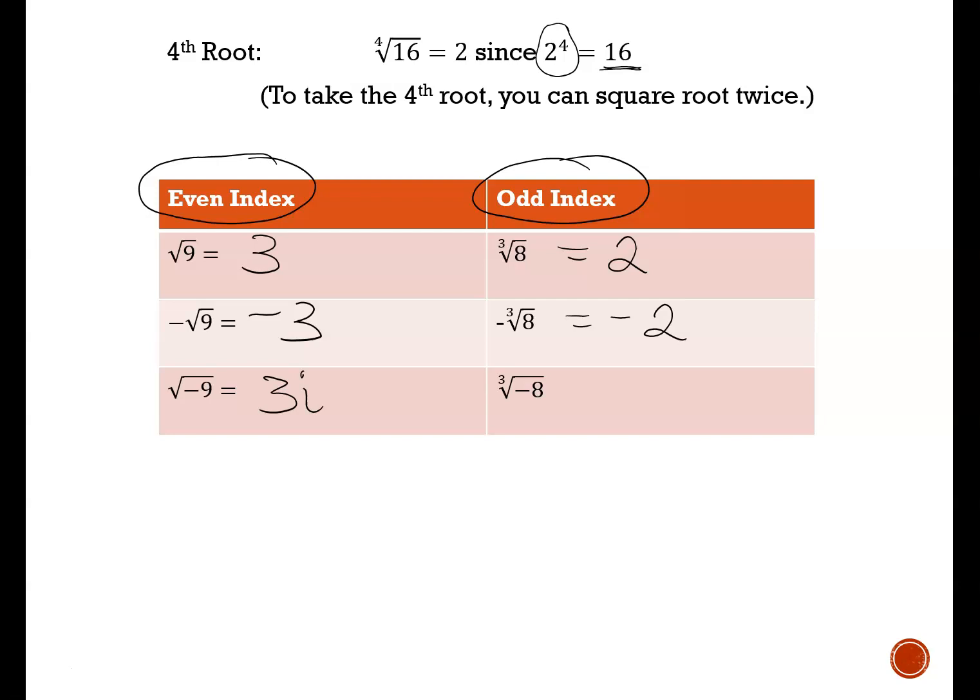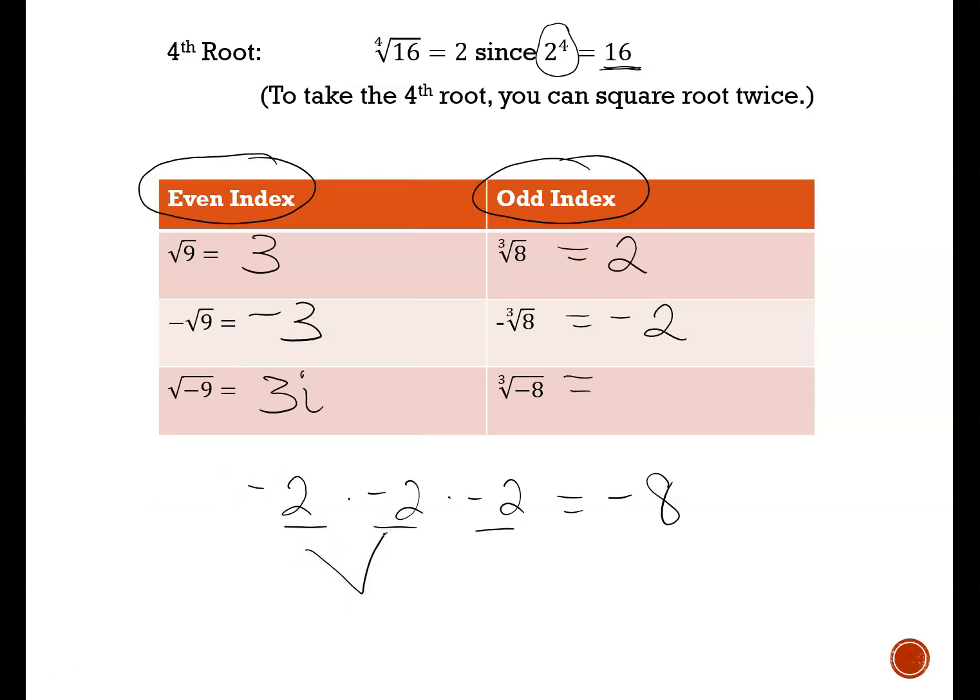So when we're thinking about the cube root of negative 8, we're trying to think about, well, what number to the third power would equal negative 8? So a number times a number times a number equals negative 8. What about negative 2? There are 3 negatives. Therefore, when we multiply, we're going to get a negative answer, right?